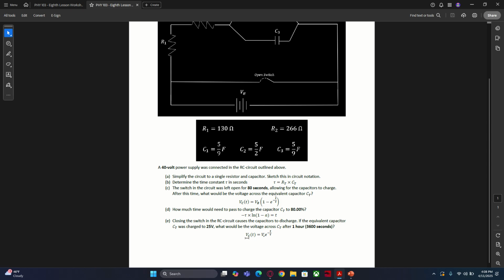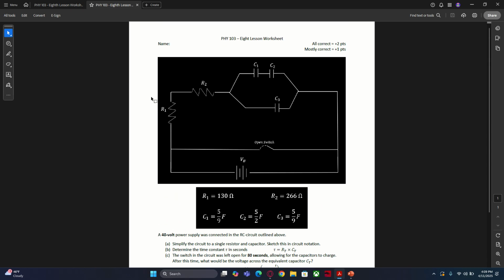And for that, the voltage across the discharging capacitor after 3,600 seconds would equal V0, the voltage across the capacitor before it starts to discharge, multiplied by e raised to negative t over tau, where again t is the amount of time the capacitor has been discharging, over tau, the time constant.